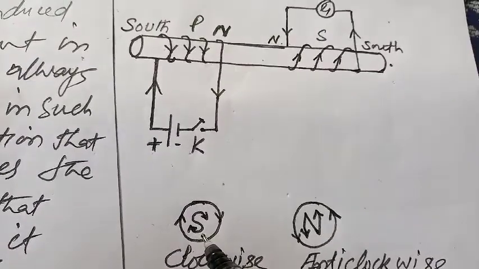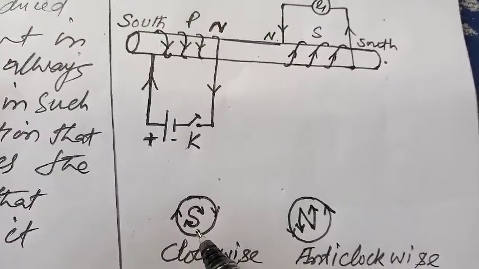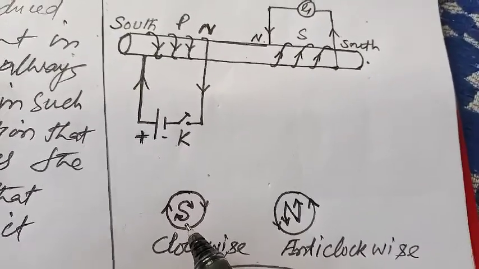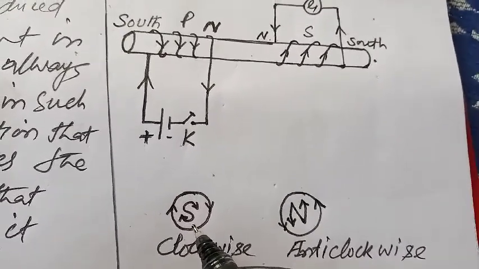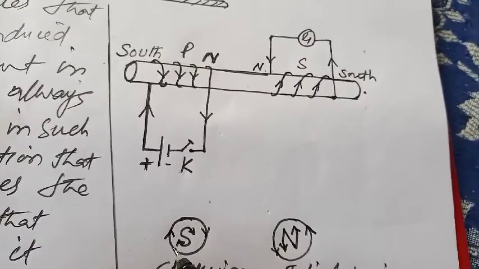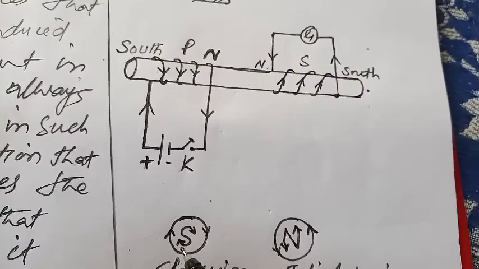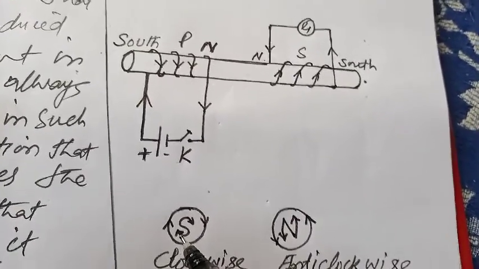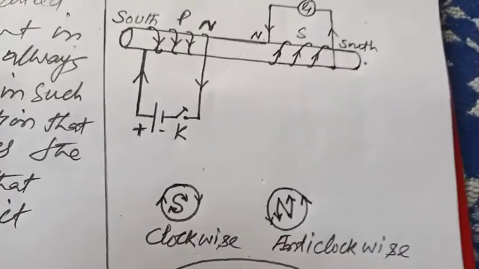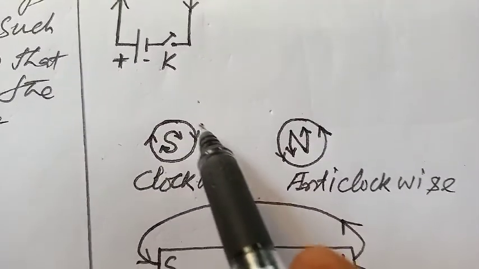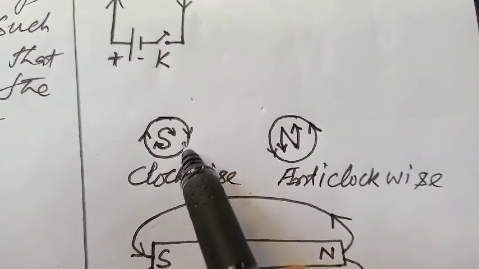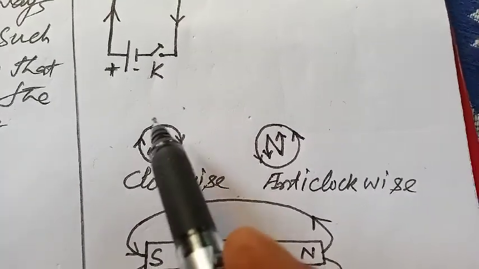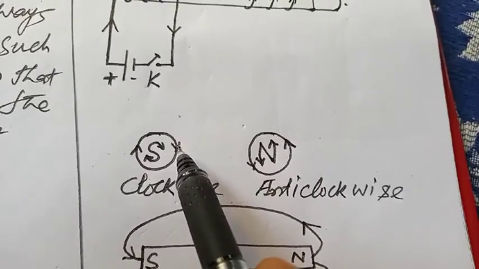When current flows through the coil, a magnetic field is produced around it, so definitely the coil has two poles, one north and the other south. How can we determine north and south? See here, this is a single turn coil. This is the front face. We are seeing the front face.